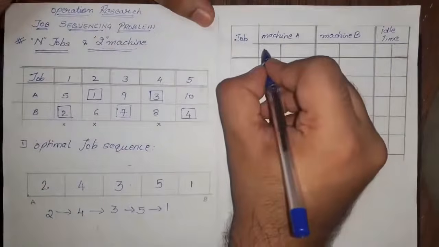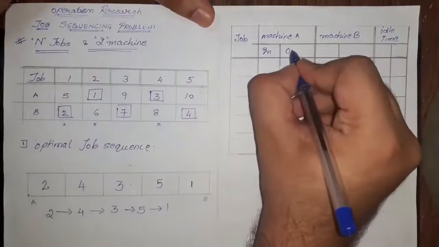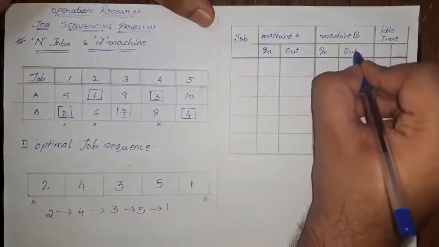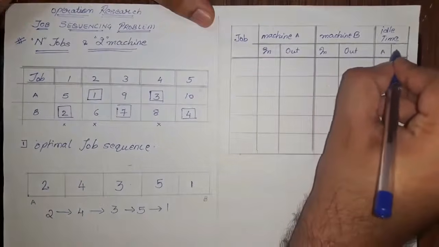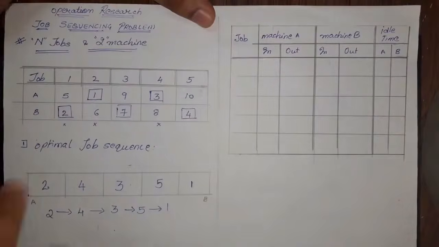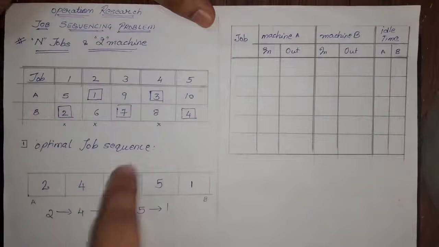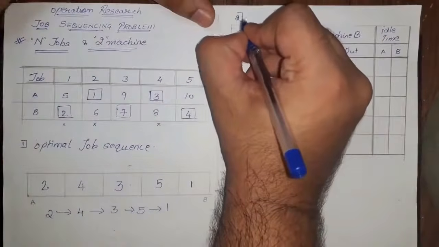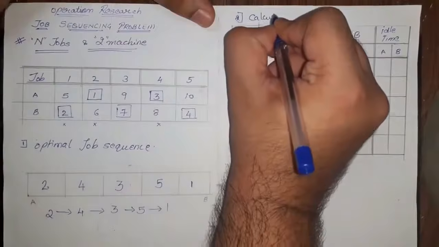In machine A we need to find the in time and out time, similarly for B, and the idle time for machine A and machine B. This is the basic format for solving a job sequencing problem. The first step was to find the optimal job sequence, and the second step is to do the actual calculation.